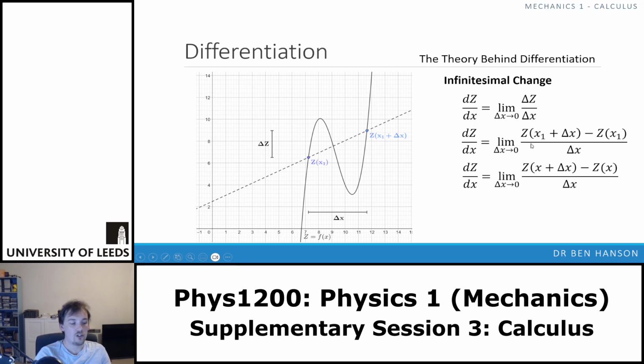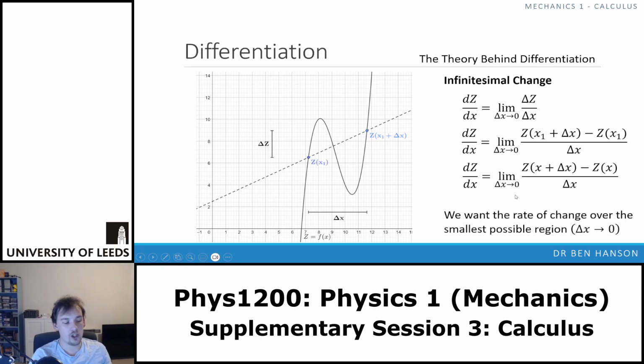It doesn't matter. So we'll just get rid of that subscript and say that dz by dx at any point x is defined as the limit as delta x tends to 0, as this point approaches this point along this graph, of z at x plus delta x minus z at x, divided by delta x. And that's an expression of the gradient as that delta x gets closer and closer to 0.